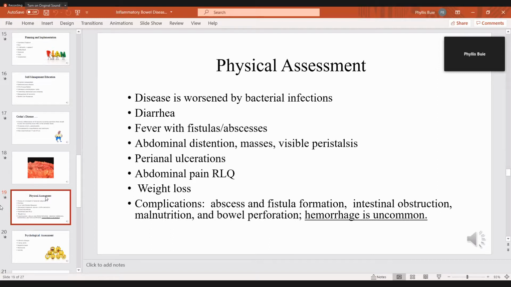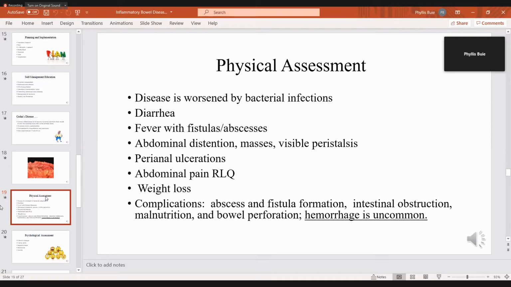They may have weight loss. What's their nutritional status like? They may have 5 to 6 loose stools or more a day. Steatorrhea is also common with these patients. Do you remember what that is? Is that fat in the stool? Yes, it is.